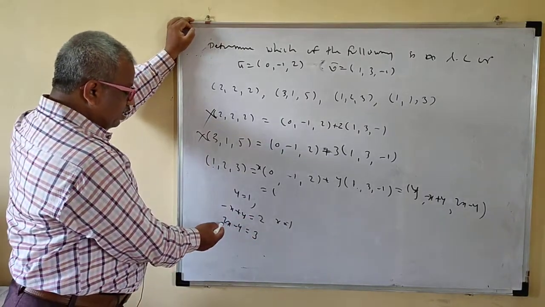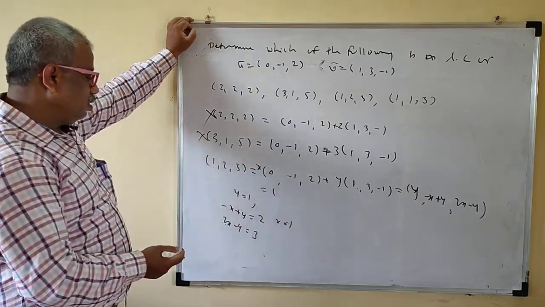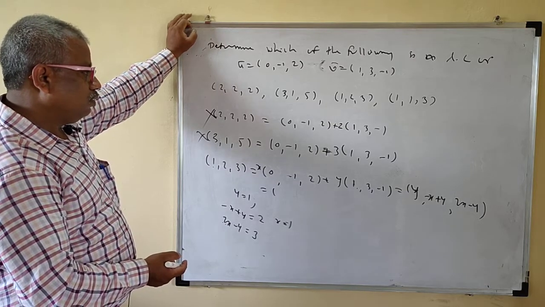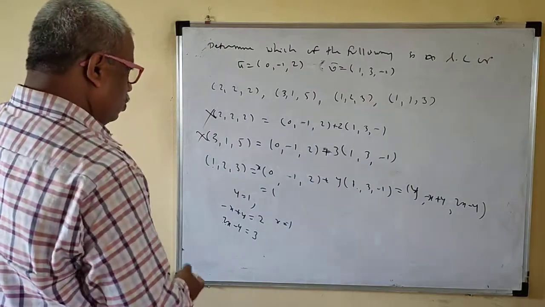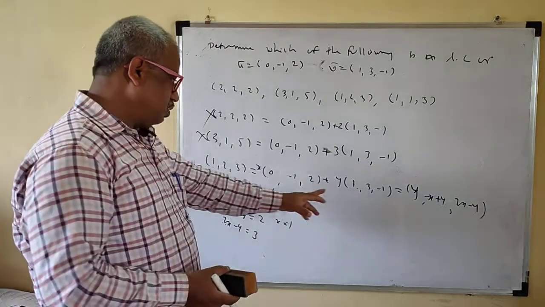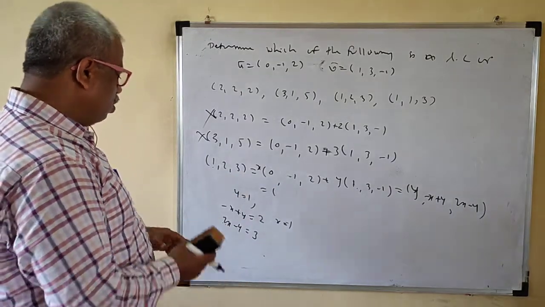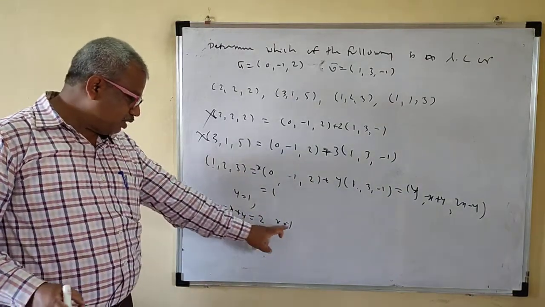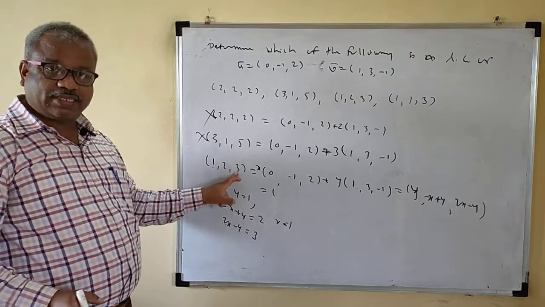But here, if you take x equal to minus 1, so this is minus 2, minus 1, 3. Something is wrong. Okay, twice x minus y is equal to 3 here. If your x is minus 1, then minus 2 minus 1 is minus 3, but this is not minus 3.